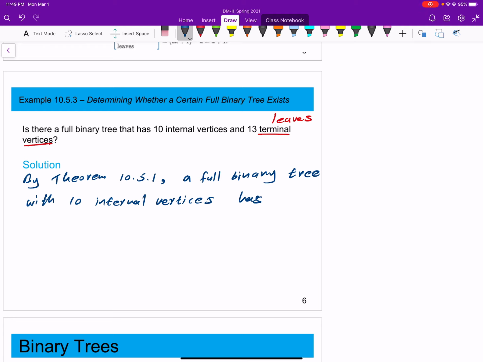By theorem 10.5.1, if it has k internal vertices, it has 2k plus 1 total vertices. You can take this as k. And then it has k plus 1 terminal vertices.